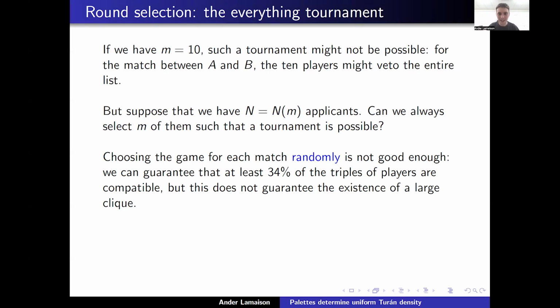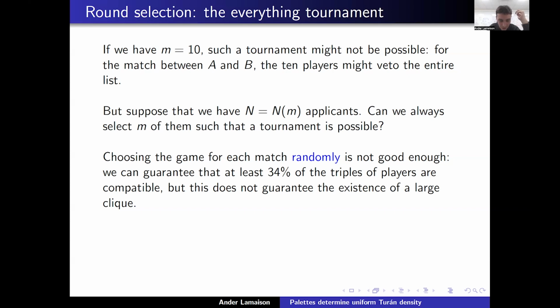Selecting these games randomly is not going to be a guarantee to succeed. We can see that for every triple of players, there's at least a 34% chance that there are not going to be any mutual vetoes between the three if you select the games they play randomly. But this is not going to guarantee that you can build a large clique.